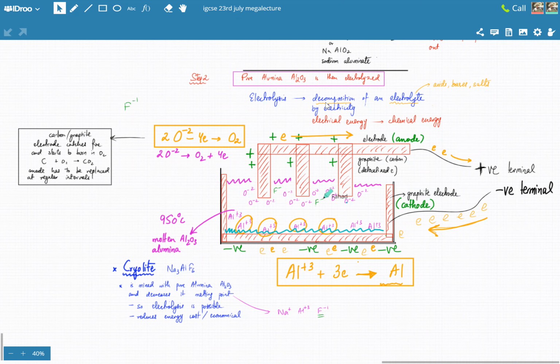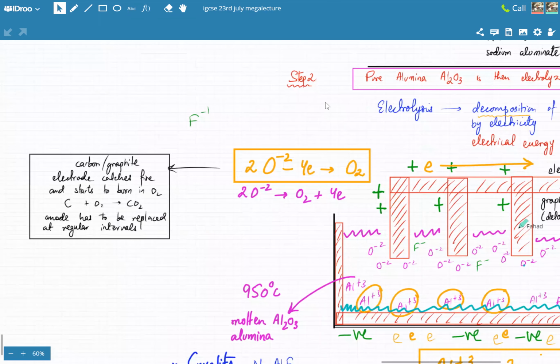So if F- goes over there, it would also end up losing electrons. -1 means it has one extra electron, so it ends up losing an electron to form fluorine. But remember, group 7 is diatomic. A single fluorine atom will not exist. It's always F2. So there would be two F- ions. They would collectively lose two electrons to form two fluorine atoms, which would combine together to form an F2 molecule.